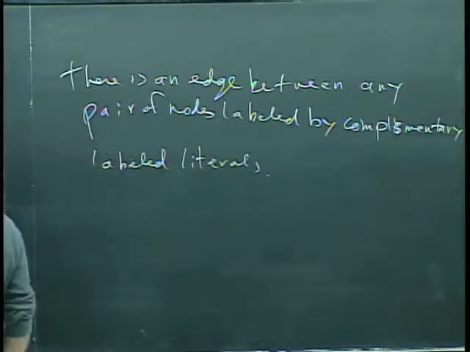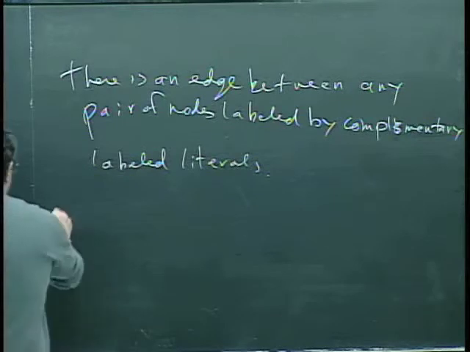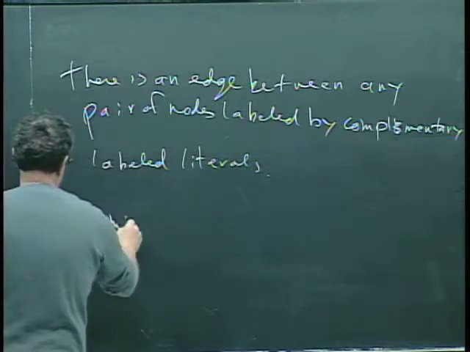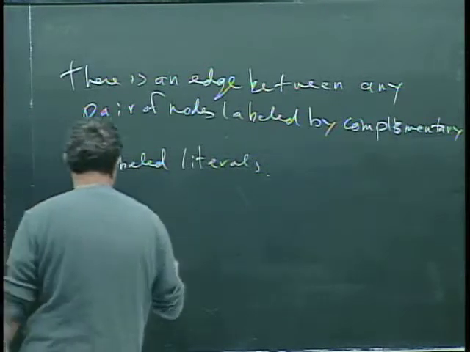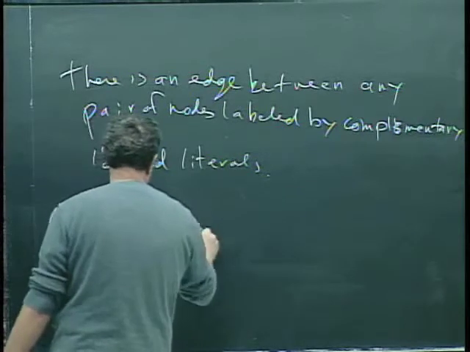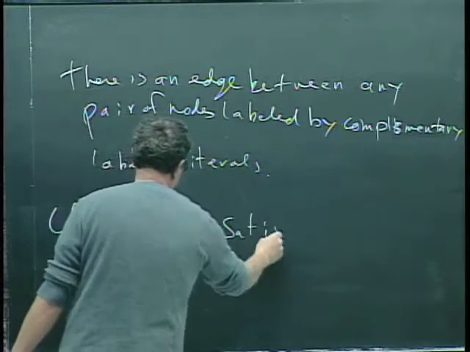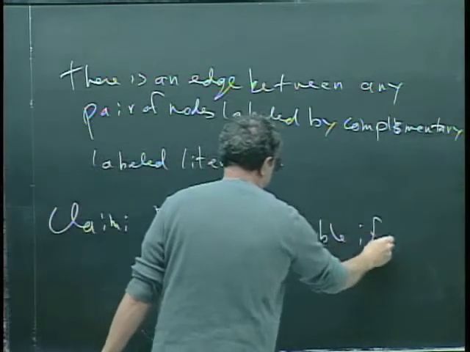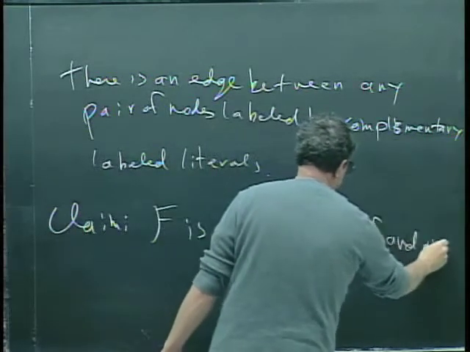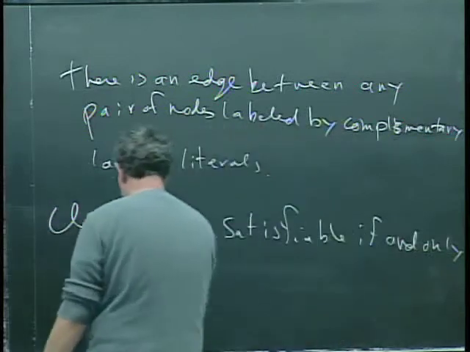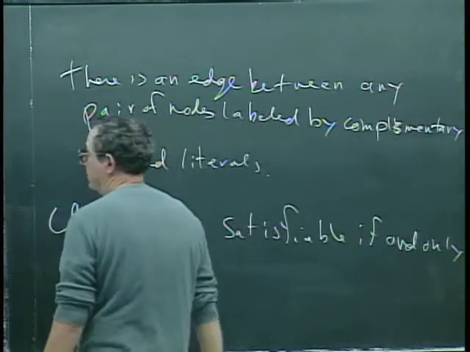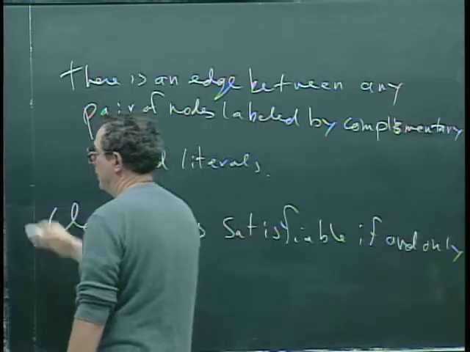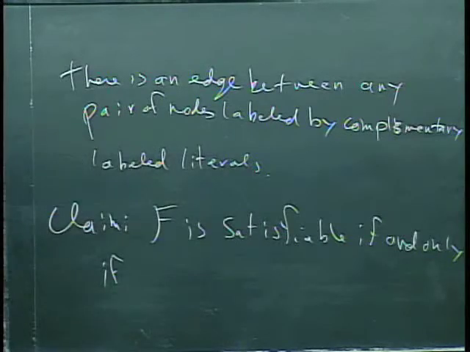Okay, let me claim F is satisfiable if and only if, let's give this graph a name. Let's say GF.